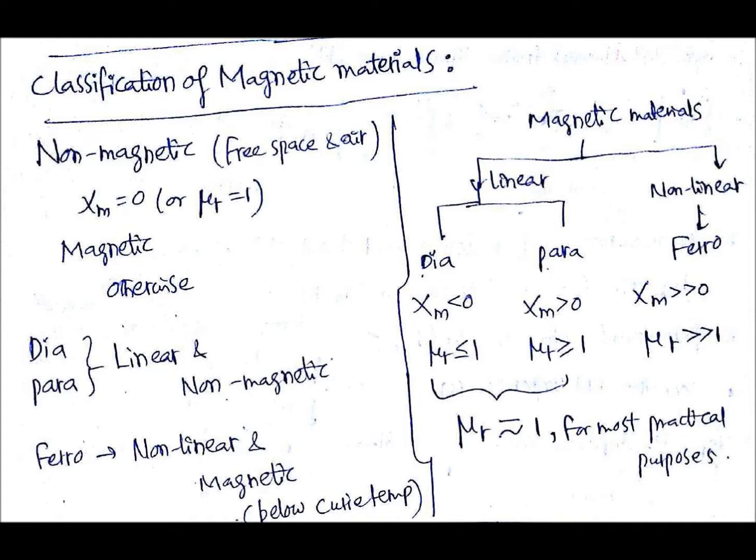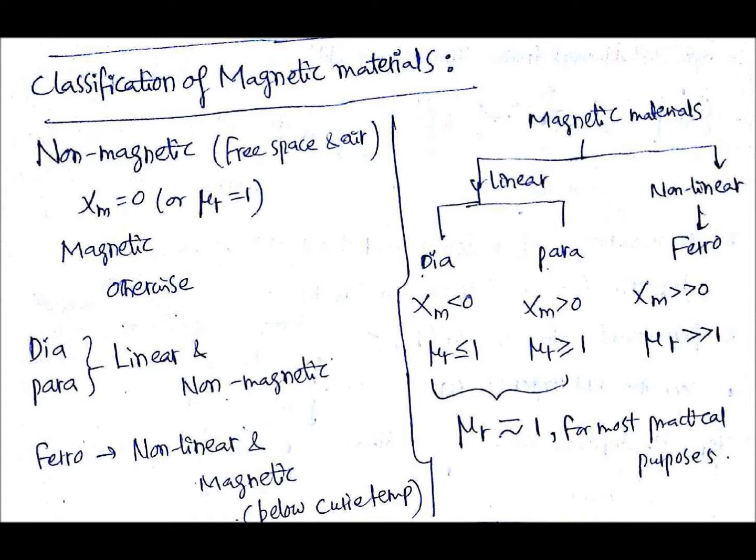For magnetic materials, if we classify them as linear and non-linear, linear as dia and para: for dia the susceptibility chi-m is less than 0, and for para chi-m is greater than 0. Relative permeability is less than or equal to 1 for dia and greater than or equal to 1 for para. From chi-m itself we can get this, because mu r is 1 plus chi-m, right.